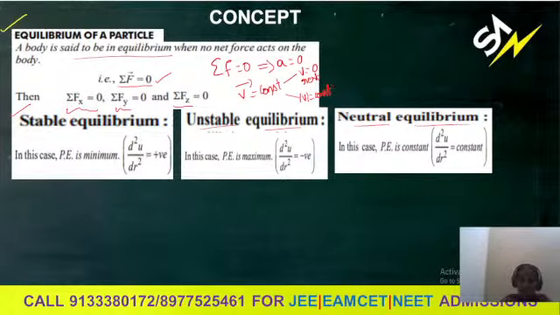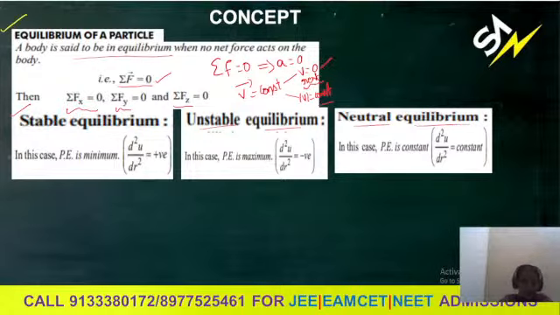So it will be constant in these two states, whether it is at rest or in uniform motion. If velocity remains constant, then the change in velocity will be 0, and acceleration is 0.